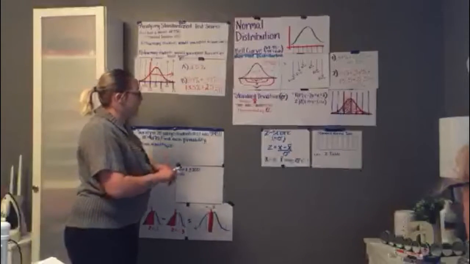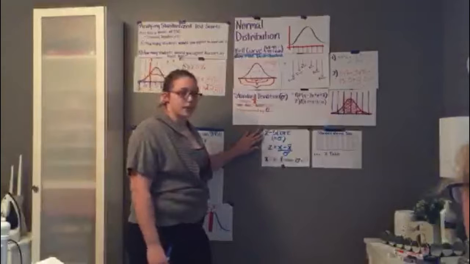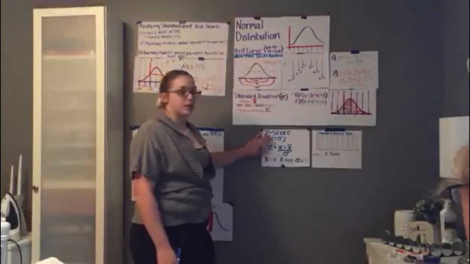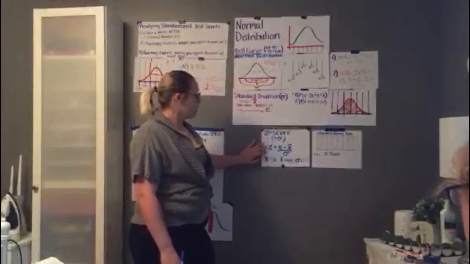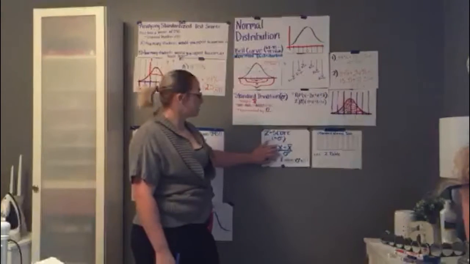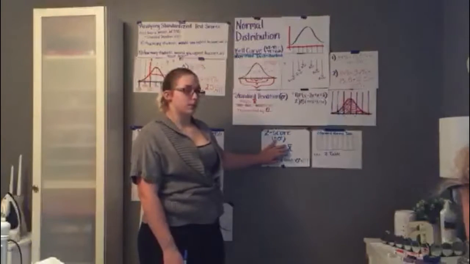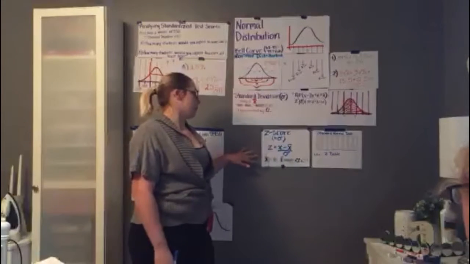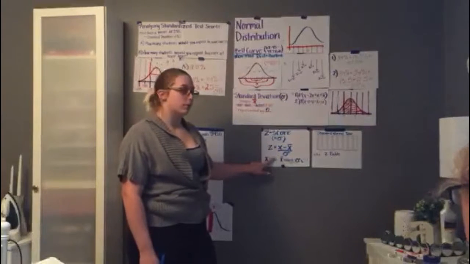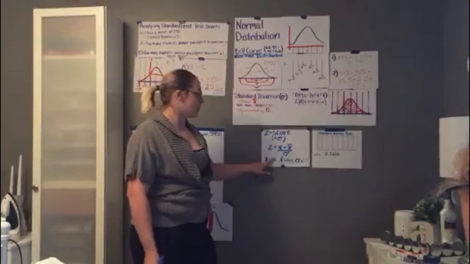Alright. Next, we're going to talk about z-scores. So your z-score is represented with your sigma. And your equation for this is z is equal to x minus x bar over sigma. Our x is the number which we are focusing on, and we'll talk about this a little bit more when we do an example problem.